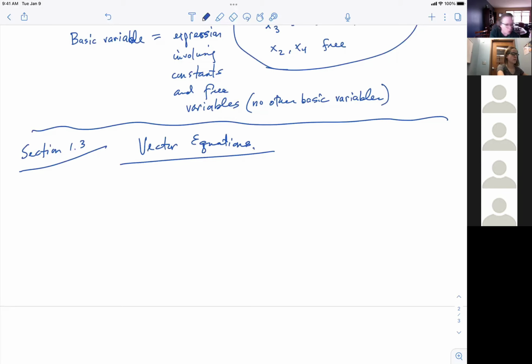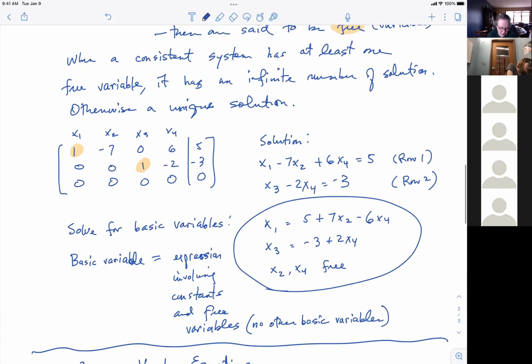Well, they say ordered list of numbers, but essentially a vector is a one-dimensional matrix. If we look up here, this is the matrix, but if we just took one column out of that matrix, that would be a vector. So just either one column or one row, because that would be a one-dimensional slice of a matrix. That's what we refer to as a vector.